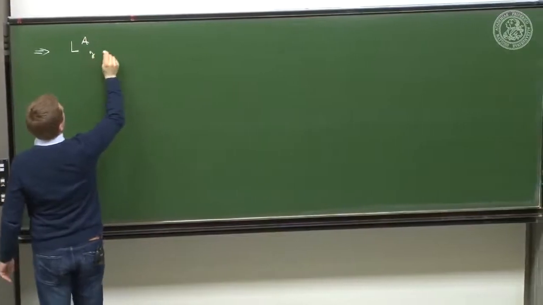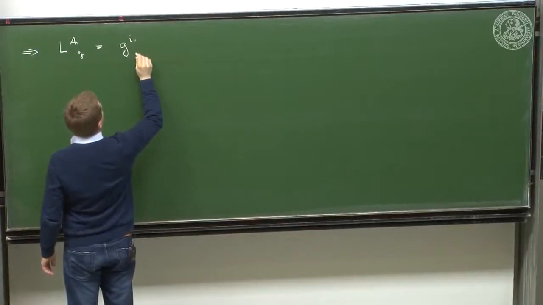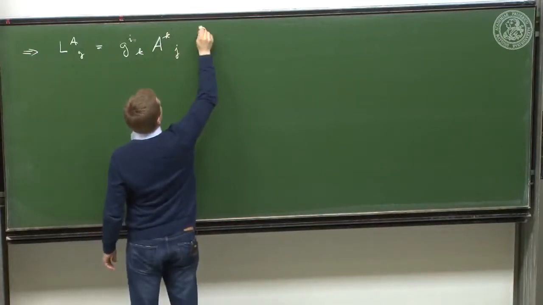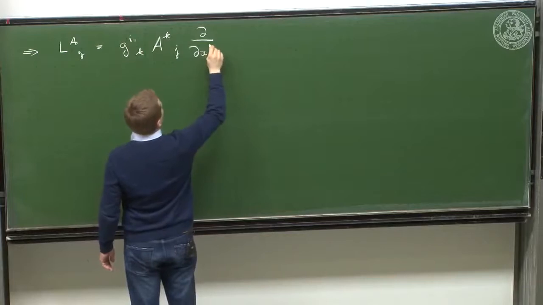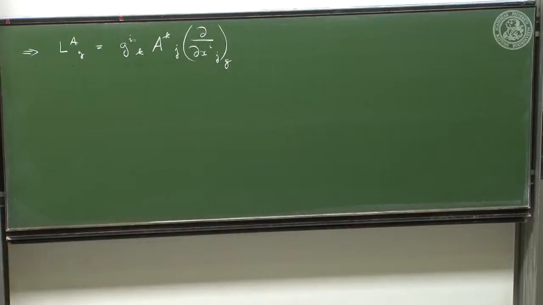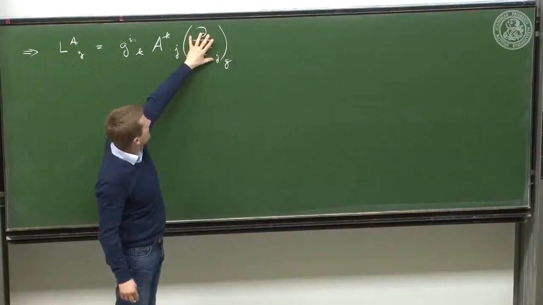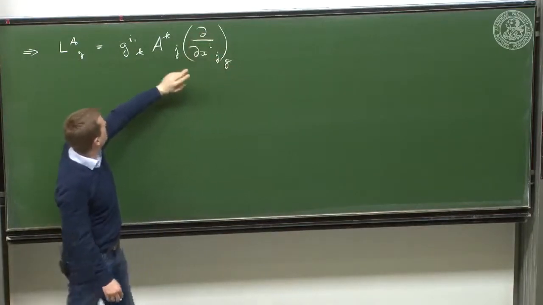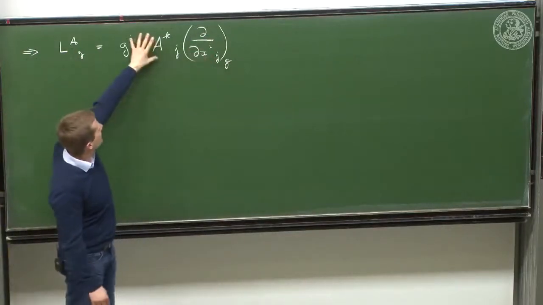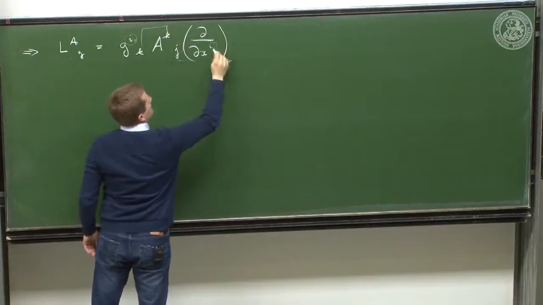So L_A at G is therefore simply G_IK A_KJ d by dx_ij at the point G. So all the indices are gone. This is a basis of the tangent space to the Lie group at the point G. Of course, the vector field at this point is an element of the tangent space at this point, and these are the coefficients. This is summed over, and these two guys here are also summed over here.